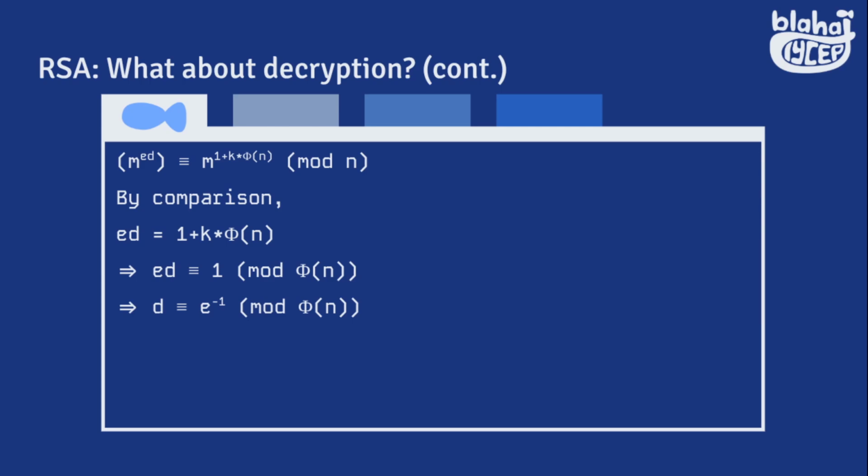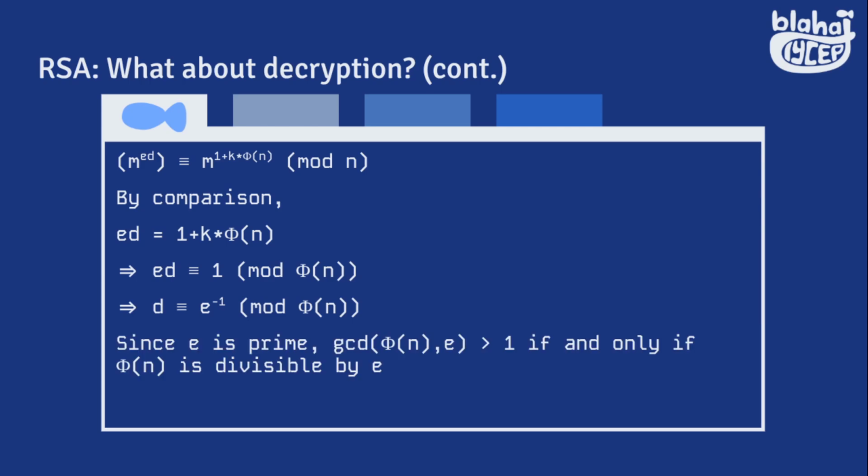And we remember earlier when we were generating the public key that e is prime. So this means that unless phi of n has a factor of e, which is unlikely, we can get the modular inverse of e because it exists. However, if phi of n is divisible by e, which means that there is no modular inverse, we just regenerate our parameters because it is so uncommon.